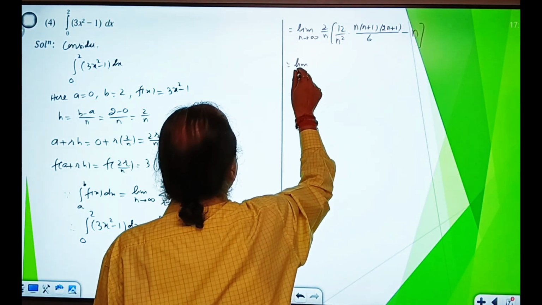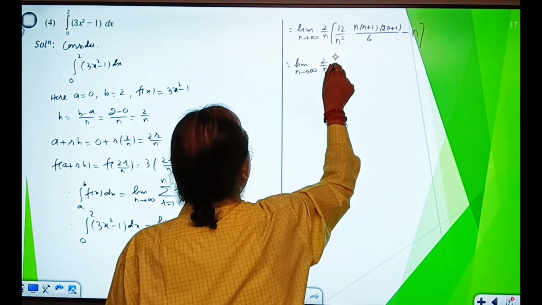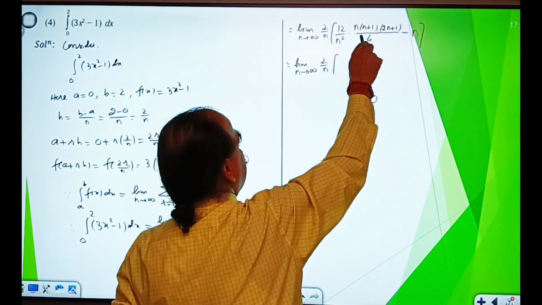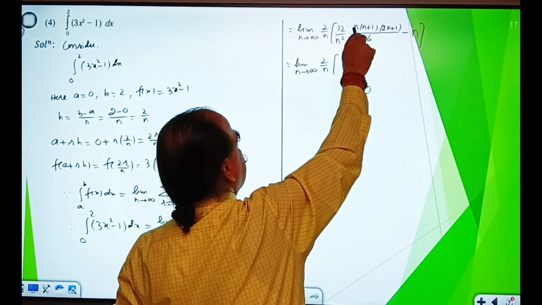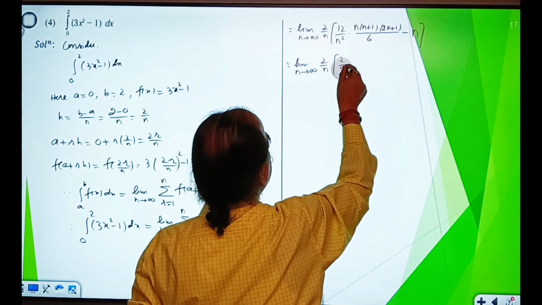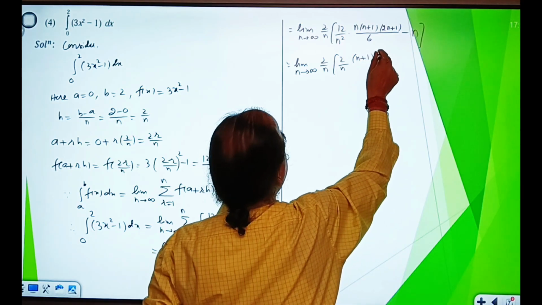Limit n tends to infinity 2 by n, 12 by n, 6 will get cancelled, 2 is left, 1 n will get cancelled. So 2 by n into n plus 1 into.